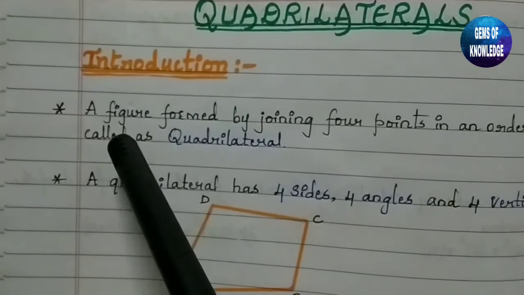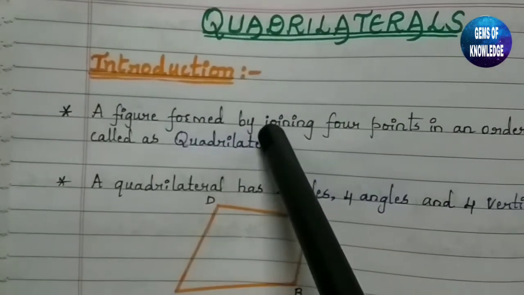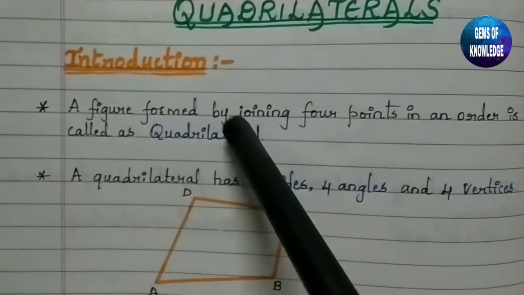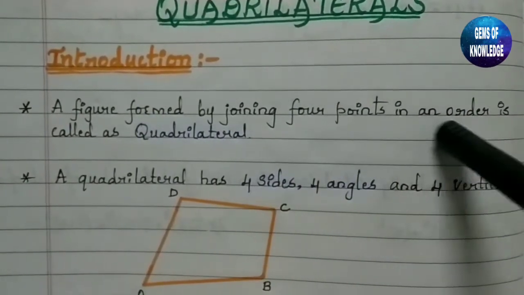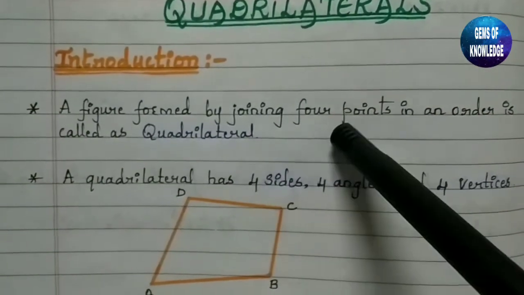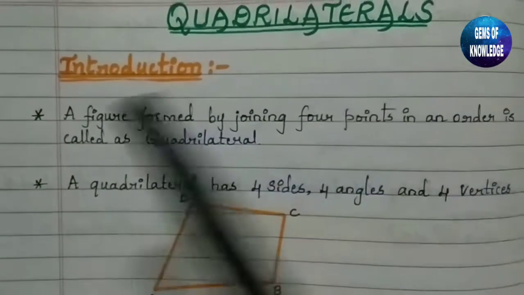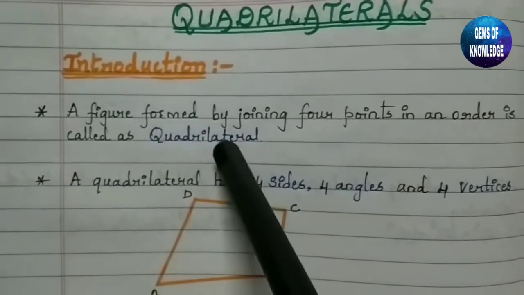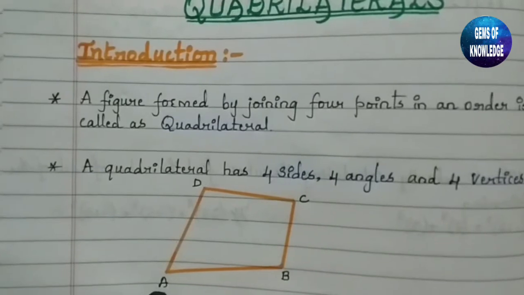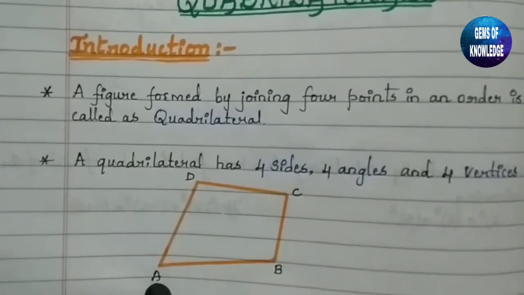So the first thing we need to know is what is a quadrilateral. A quadrilateral is a figure formed by joining 4 points in order. So a figure which is formed by joining 4 points in an order is called a quadrilateral. Here you can see a basic rough diagram I have drawn which represents a quadrilateral.